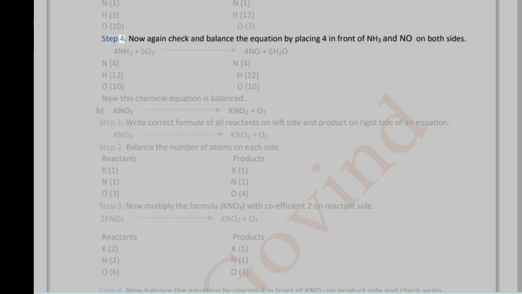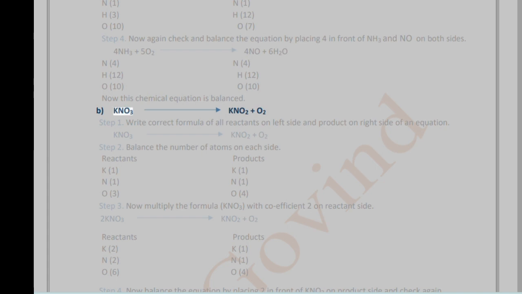Step 4. Now again check and balance the equation by placing 4 in front of NH3 and NO on both sides. 4NH3 plus 5O2 gives 4NO plus 6H2O: N 4, N 4, H 12, H 12, O 10, O 10. Now this chemical equation is balanced.